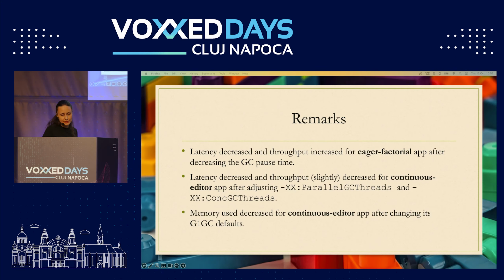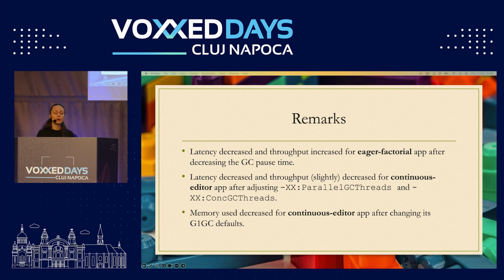So overall, the remarks were that I got some latency decreasing and throughput increasing for my application that is CPU intensive, with the G1 GC after fine-tuning my flags. And then I got the latency decreased and throughput slightly decreased for the one that's I/O bound.